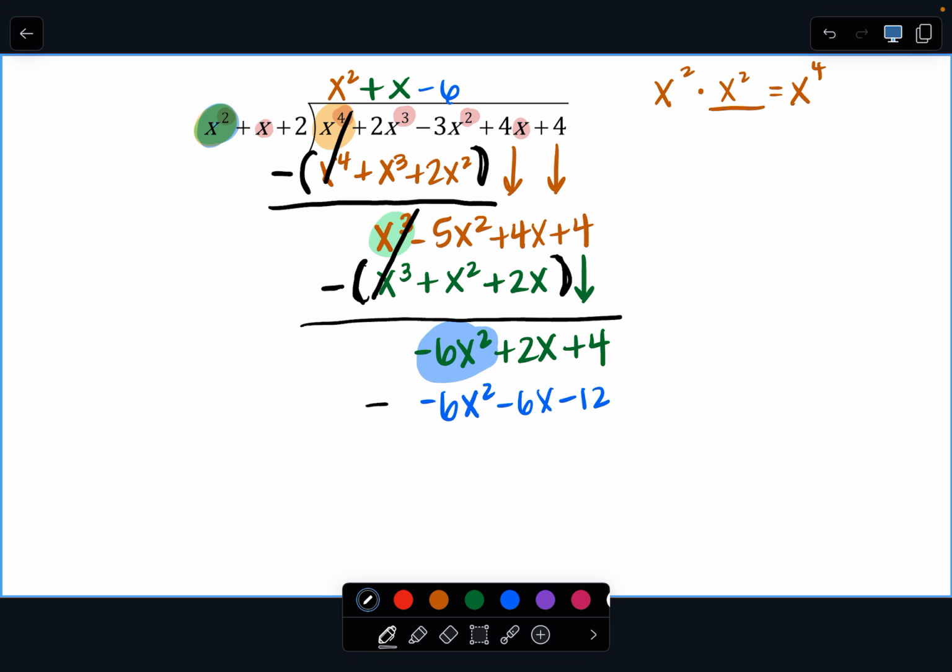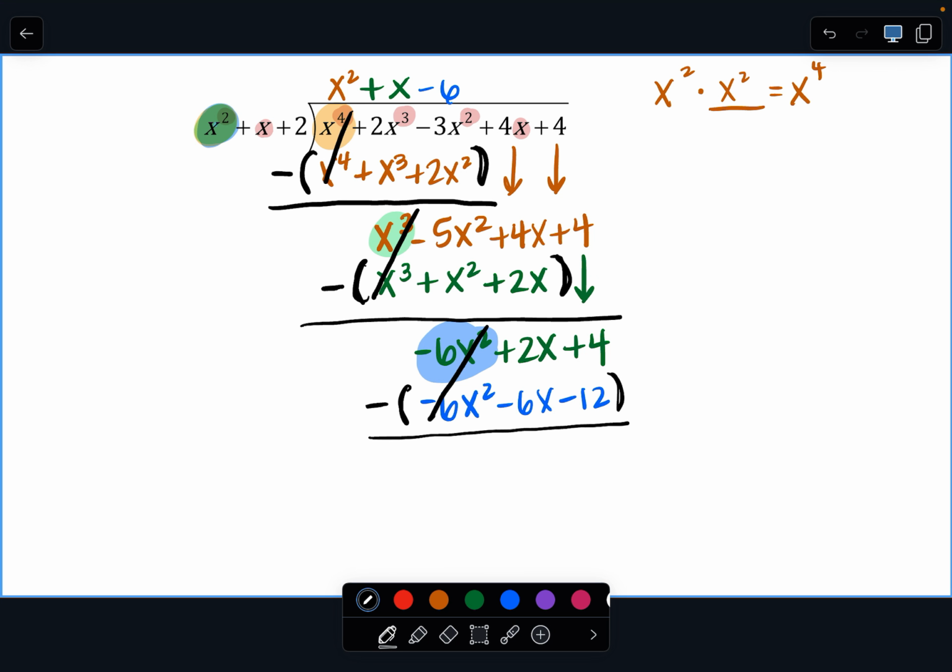Now this one I would suggest being very careful on because they're all negative numbers. So technically when I subtract, they're all going to turn into addition because 2 negatives make a positive. So negative 6x squared plus 6x squared cancels, and that should happen every single time. That first term should go away.